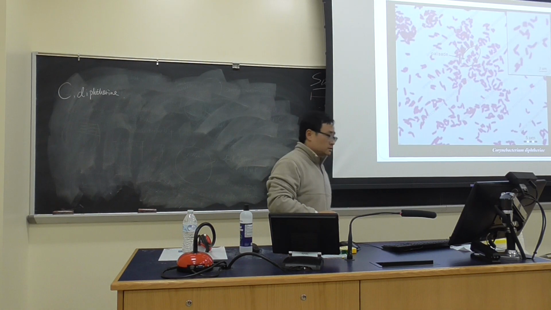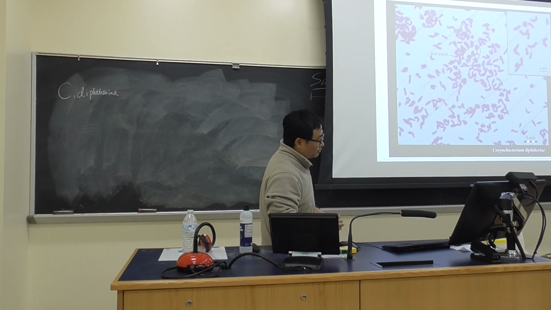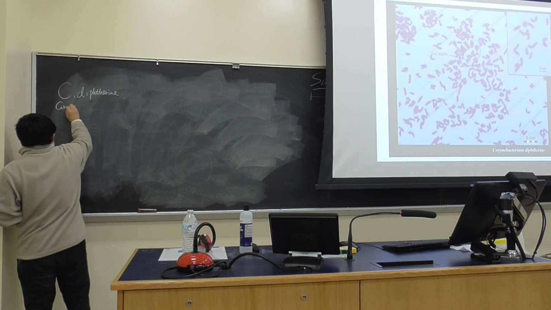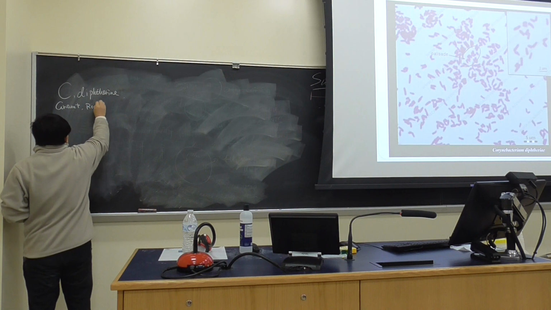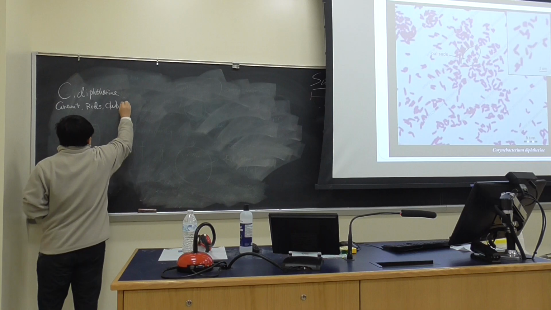Diphtheriae is a species name. For these pathogens, what's very important is their characteristics, so what it looks like. This is a gram-positive, rod-shaped, and club-shaped bacterium.